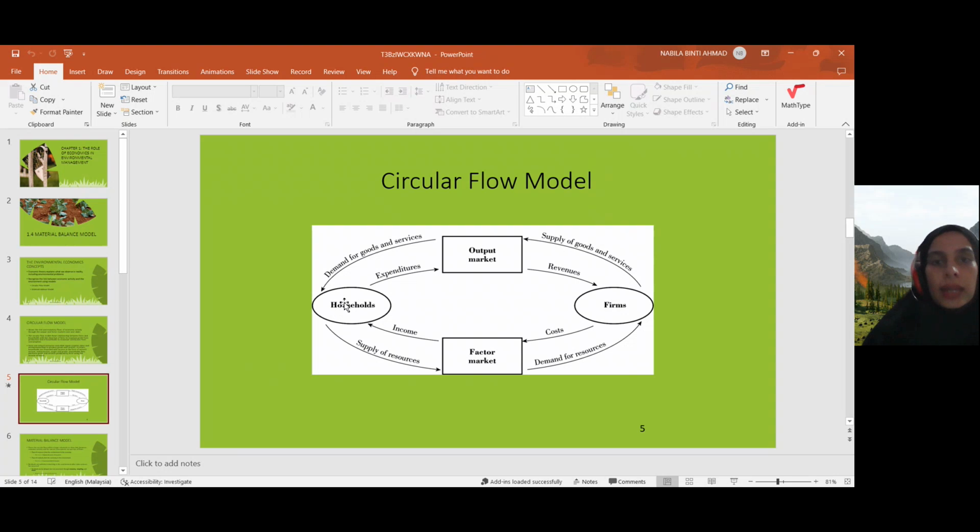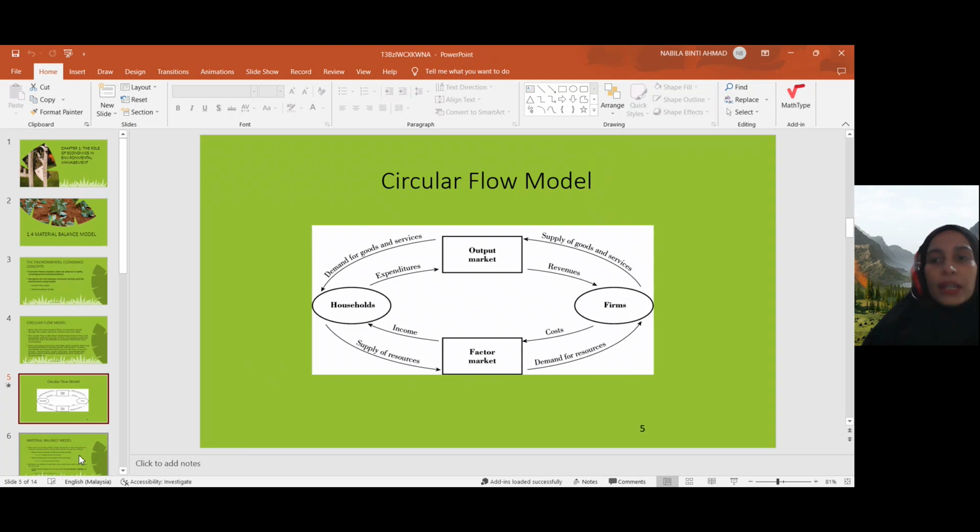The household demands the goods and services and pays the firms, and firms get the revenue. This is the normal circular flow model that we have learned before, and there are no environmental parts included here.